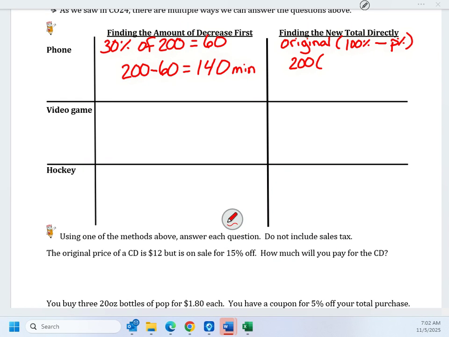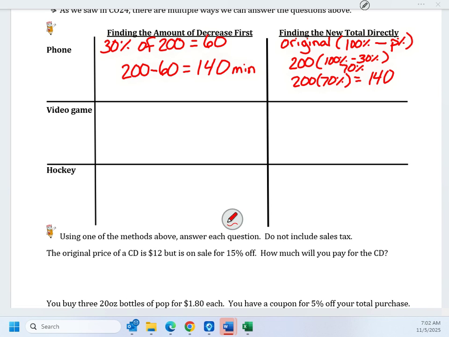I'm multiplying that by 100% minus our 30%, which is 70%. So 200 times 70%, and that gives us our 140 minutes.